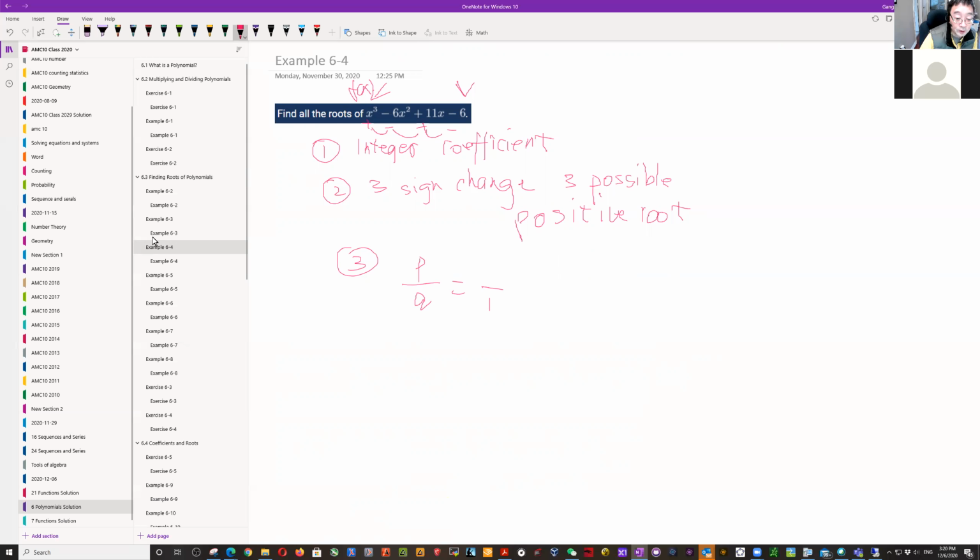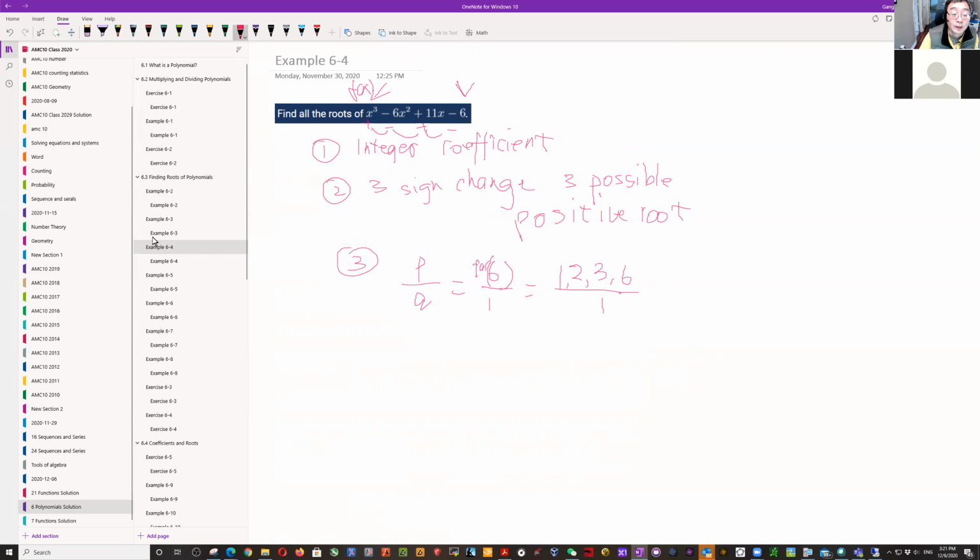So it's one of the factors of 6, divided by one of the factors of the leading coefficient. The factors of 6 are 1, 2, 3, and 6, over 1. So any of those are possible.